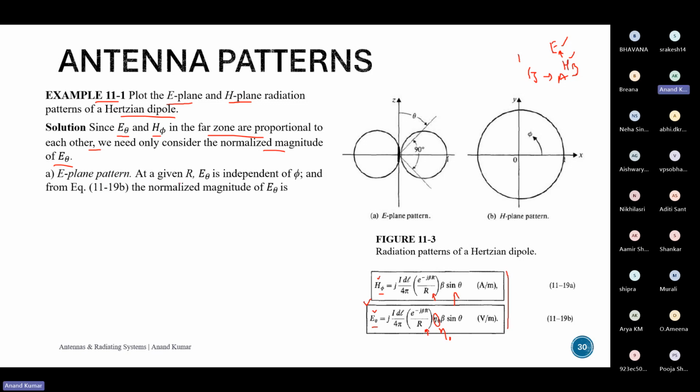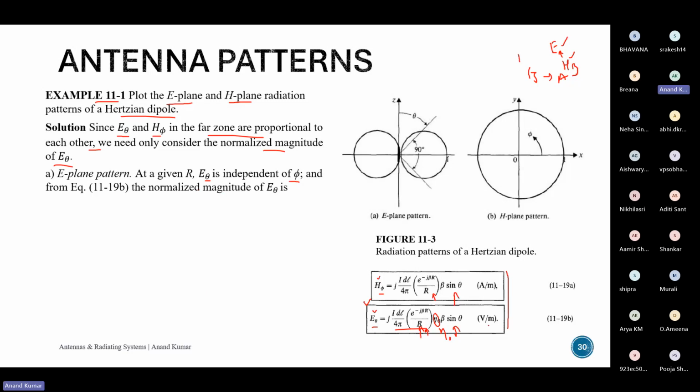Now for the E plane pattern at a given r, we have this expression. For a certain r, we're fixing the r. E theta is independent of phi. You can see there is no expression of phi in the electric field expression over here, so it's independent of phi.